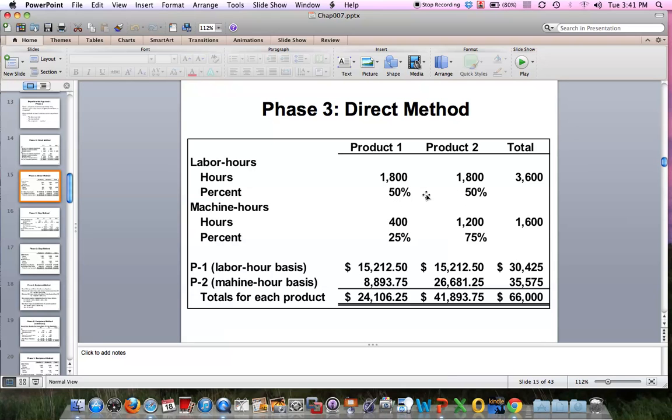That's where our 50% came from. For machine hours, it was 400 and 1,200. That's 1,600, so 25% and 75%. And then we can just do the math and allocate these costs based on these percentages and get the totals for each product. Okay, and again we get to 66,000.